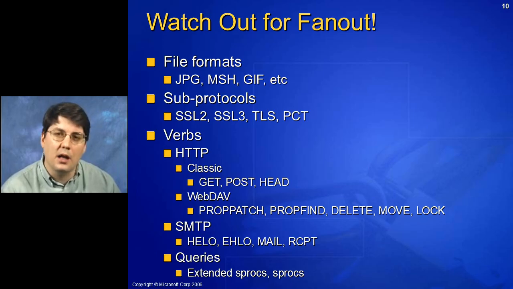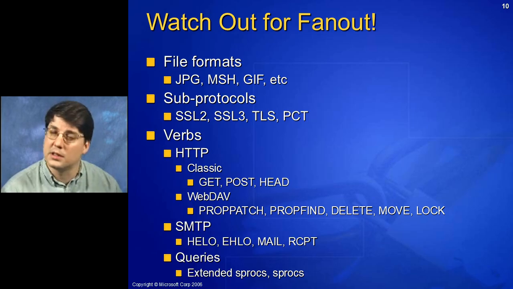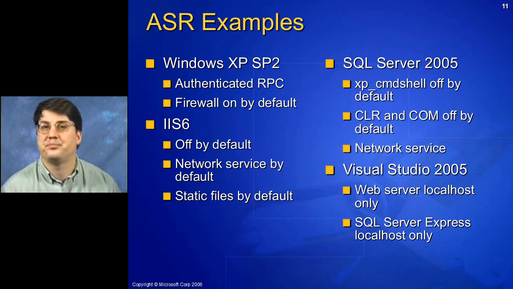If you can't provide a complete patch in a timely fashion, maybe you can provide a solid workaround by saying disable, for example, the extended hello procedure in your SMTP server as a way to limit the intruder's ability to exploit a vulnerability there until such time as a patch can be applied. So at least giving that level of control to your customers is a good thing.